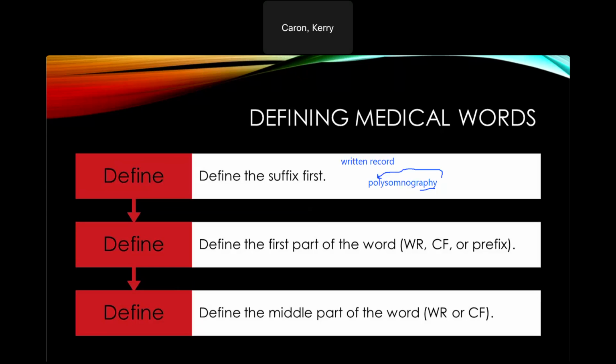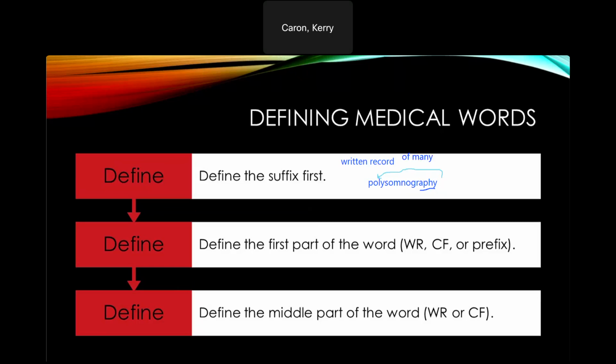and that is poly. Sorry, I'm switching back between the pencil and typing. Okay, written record of, and poly means many. And I told you earlier that somna meant sleeps.